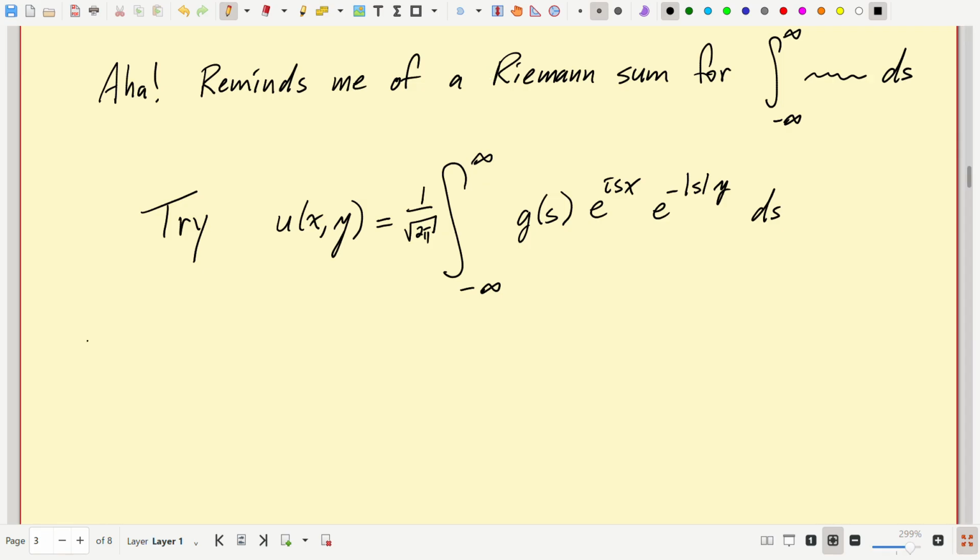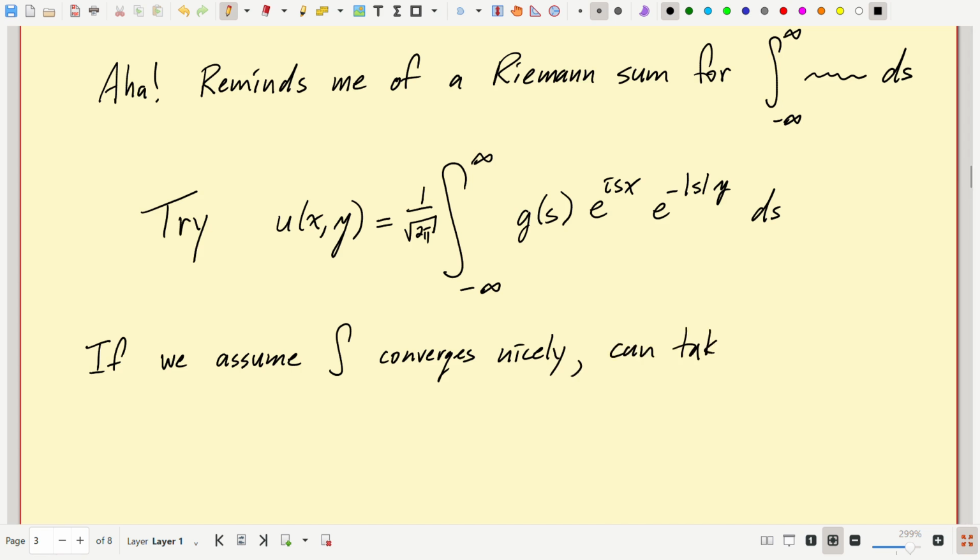We don't know this, but if we assume the integral converges nicely, we can take the Laplace operator under the integral to see that u is harmonic in the upper half plane.